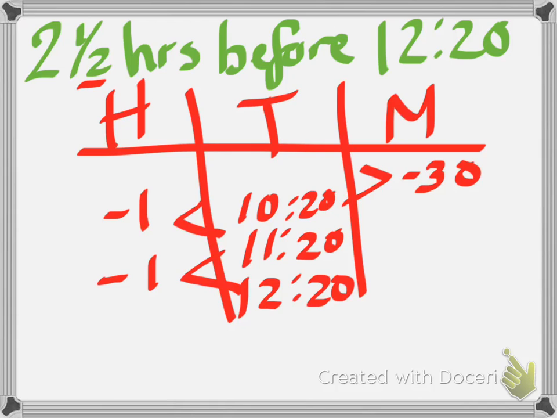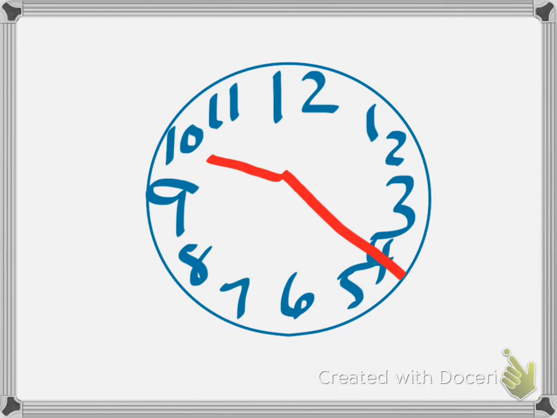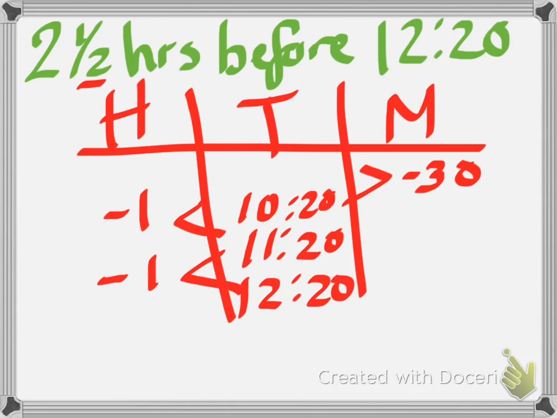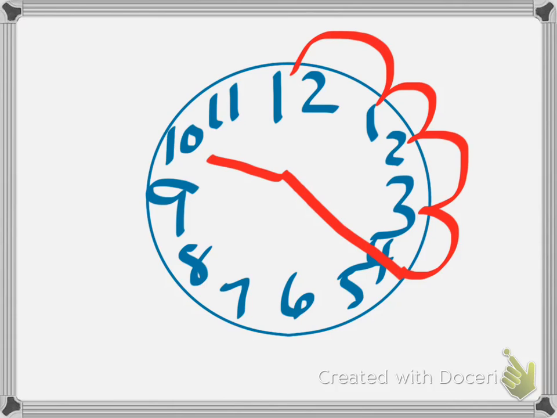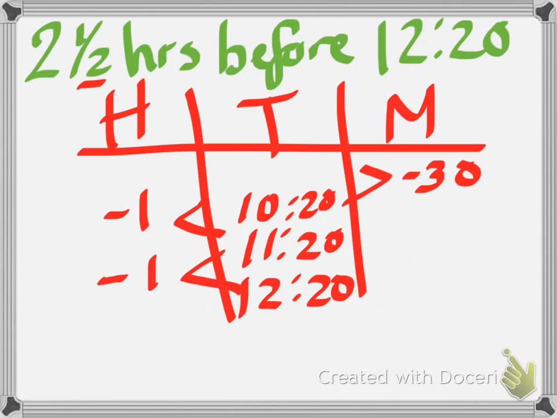Okay, and if you're not sure, you can go ahead and draw a clock, which I've already done for you. So we have 10:20, but we need to go back 30 minutes. So we need to back up 30 minutes. 5, 10, 15, 20. Wait a minute. We're going backwards past 12 o'clock. So that means we need to go backwards with our hours here. So our hour would now be 9 o'clock.